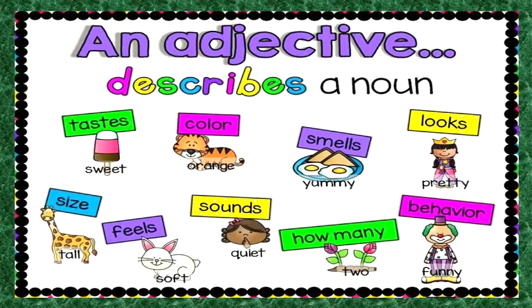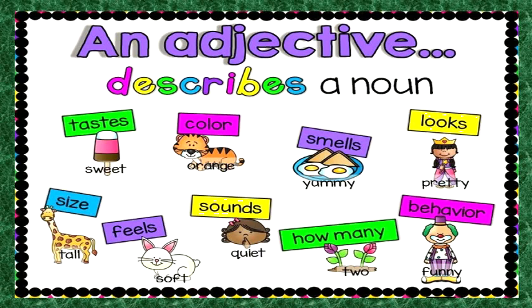Now before that, let us have a recap of what is an adjective. An adjective describes a noun like taste, sweet, color, orange, smells, yummy, looks, pretty, size, tall, feels, soft, sounds, quiet, behavior, funny.